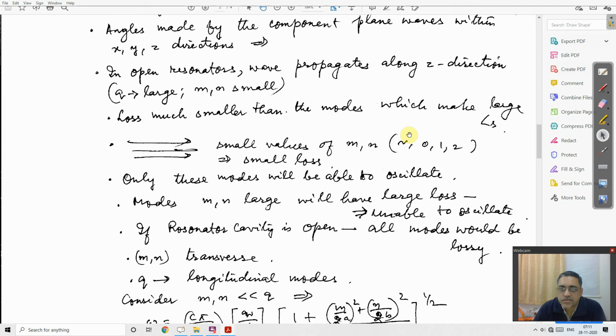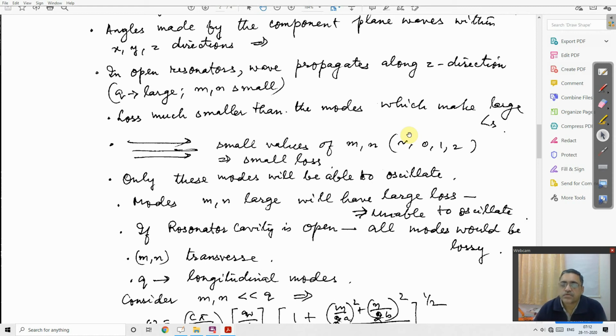To prevent the losses in the cavity, the modes are limited so that they make a very small angle with the axis of propagation, so that the energy is confined to the axis and the loss is kept very small.